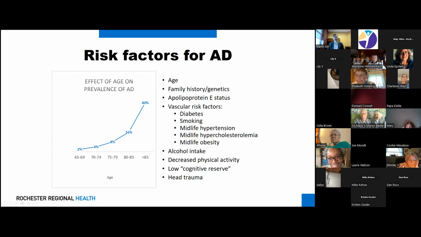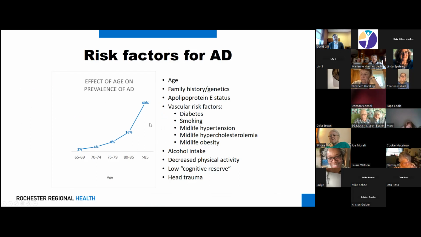I want to talk about the risk factors for Alzheimer's disease. By far, the most common and strongest risk factor for Alzheimer's disease is age, and that's what the graph on the left shows. If you look at somebody in their early 60s, Alzheimer's disease is actually quite uncommon as a cause of dementia. But as somebody ages into their 80s and 90s, Alzheimer's disease becomes increasingly common.